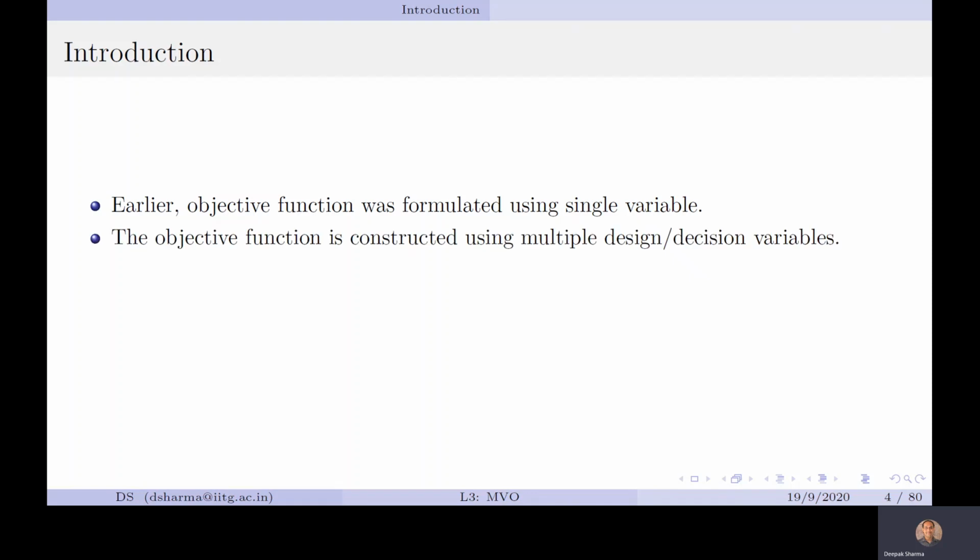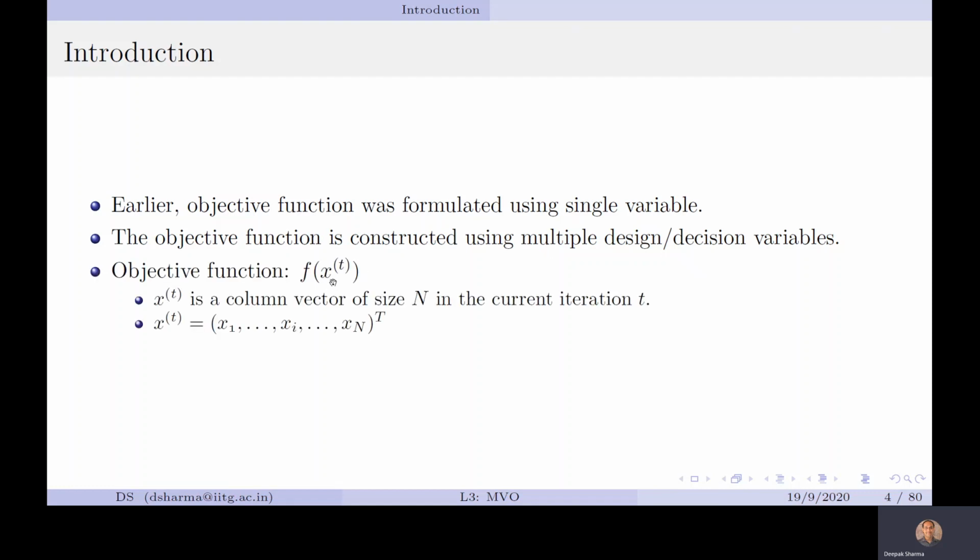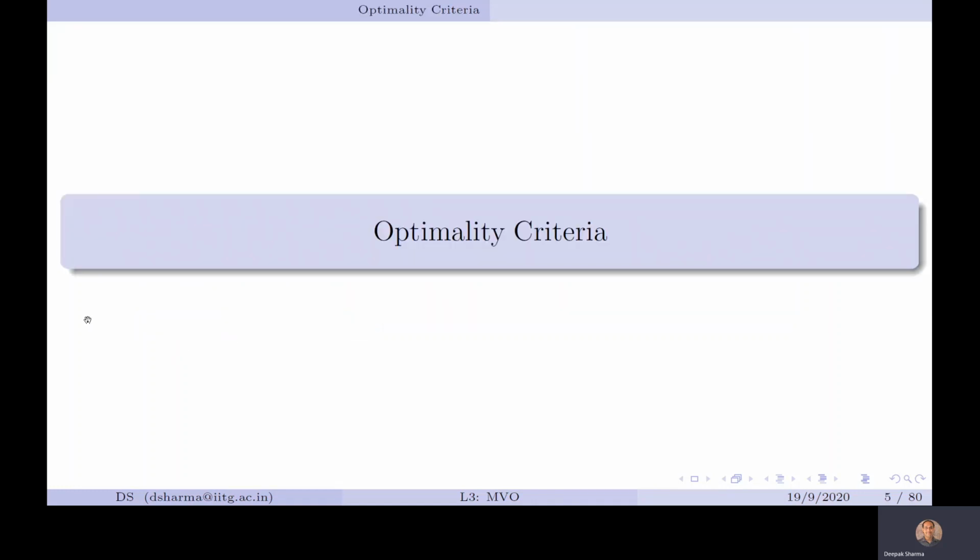But now the objective function is constructed using multiple design and decision variables, meaning that the function will be written as f of x^t, where x represents a column vector of size n, and t represents the current iteration. So for example, x^t will become x1 to xn as a column vector, in the tth iteration.